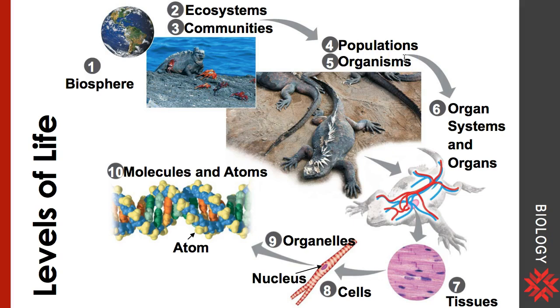At the organ system and organ level, you'd have organs working together in order to complete their task. So again, at every level, you're going to have interactions that are affecting life in some way.